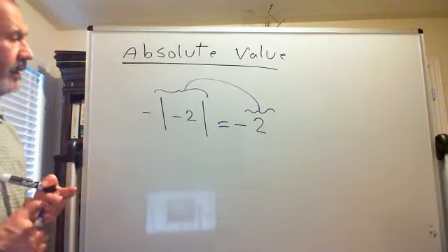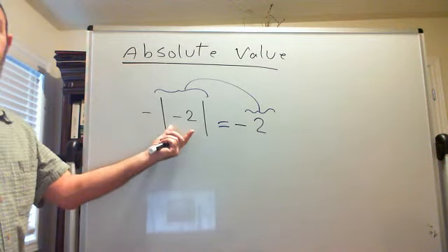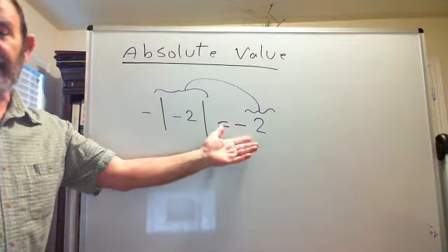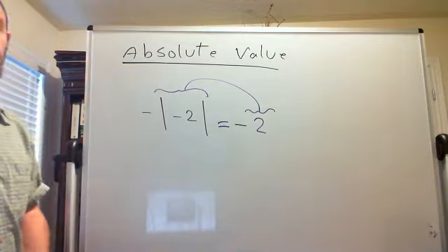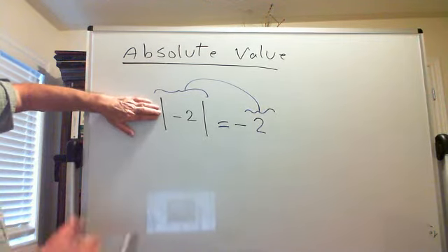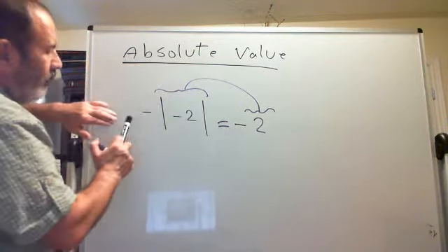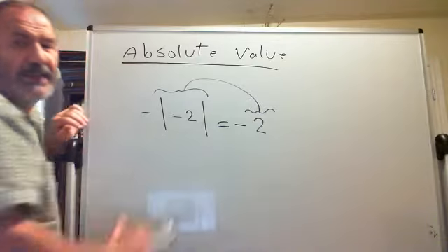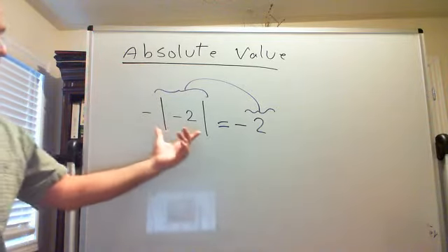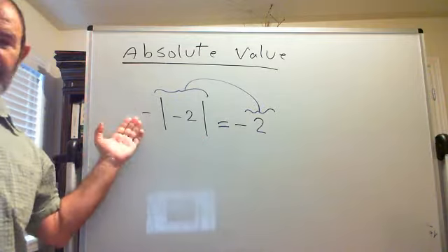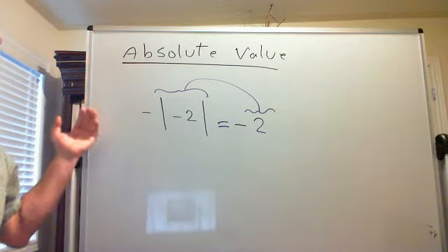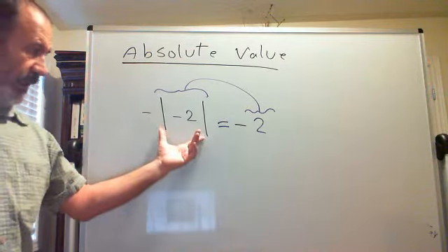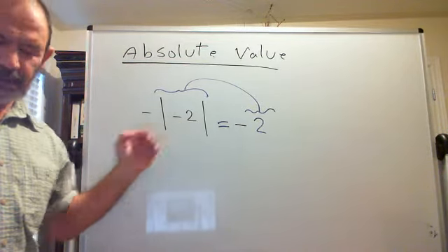So the result of negative absolute value of negative 2 is negative 2. Remember, it is not 2. The result of absolute value is always positive, but this negative transfers as it is. This absolute value doesn't affect this negative sign because this negative sign is outside of the absolute value. It affects only whatever is inside.